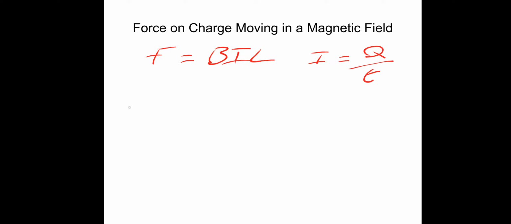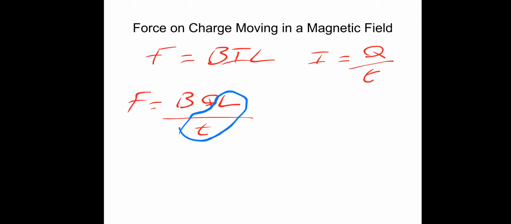So what we end up with is F equals BQL over T. And length over time is velocity or speed. Therefore, that gives us F equals BQV.